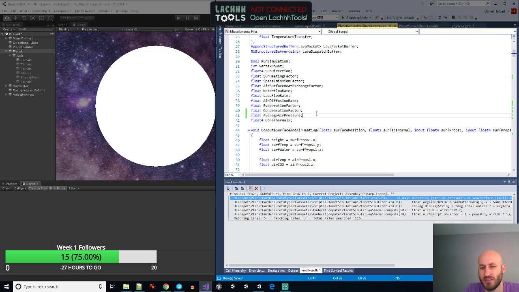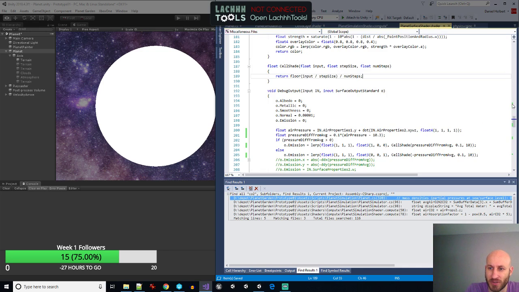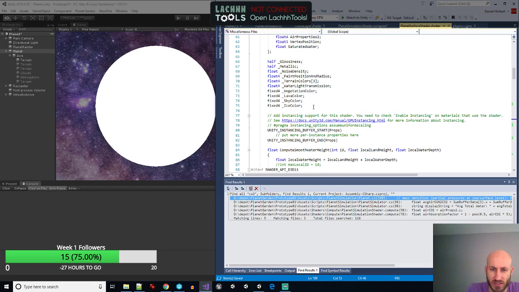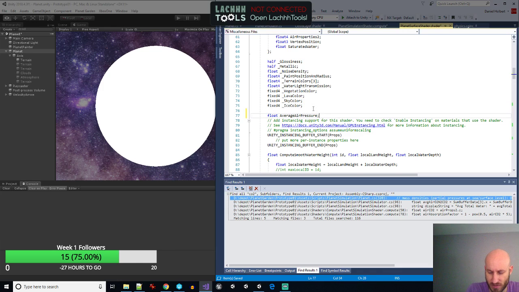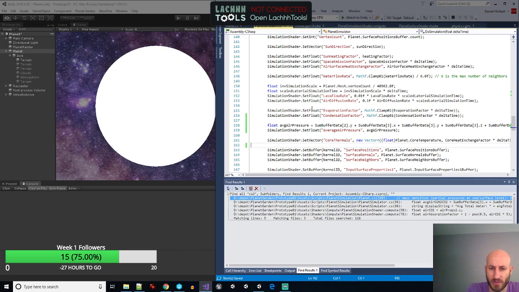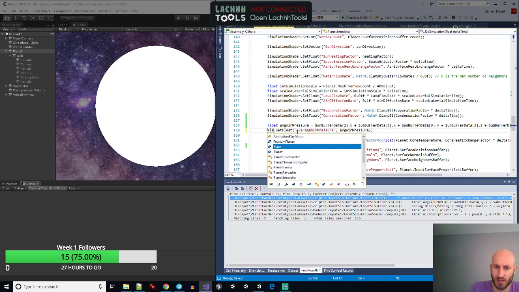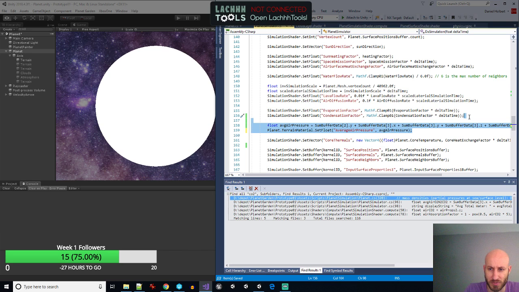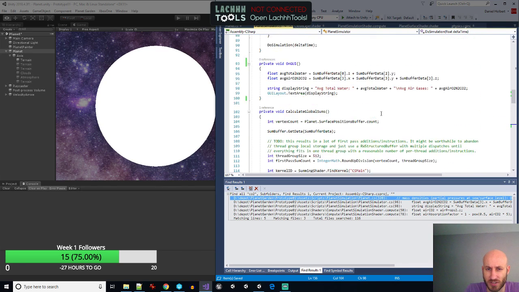Except I just realized I'm putting that in the wrong shader. I want it on this one because this is where I actually do those visualizations. So I want the planet, that terrain material. Since this isn't specifically for the simulation, I want to move it somewhere else.